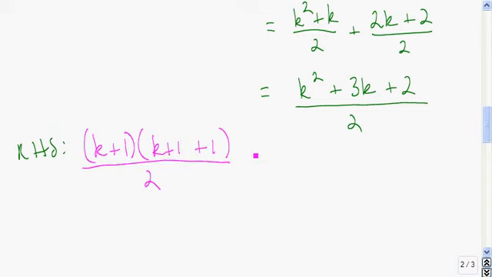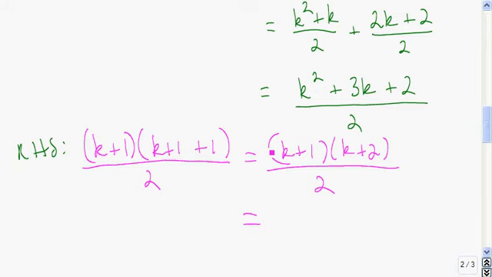Well, this is equal to k plus 1 times k plus 2, all over 2. And if we multiply this out, we get k squared plus 2k plus k, which is plus 3k, plus 2, all over 2.